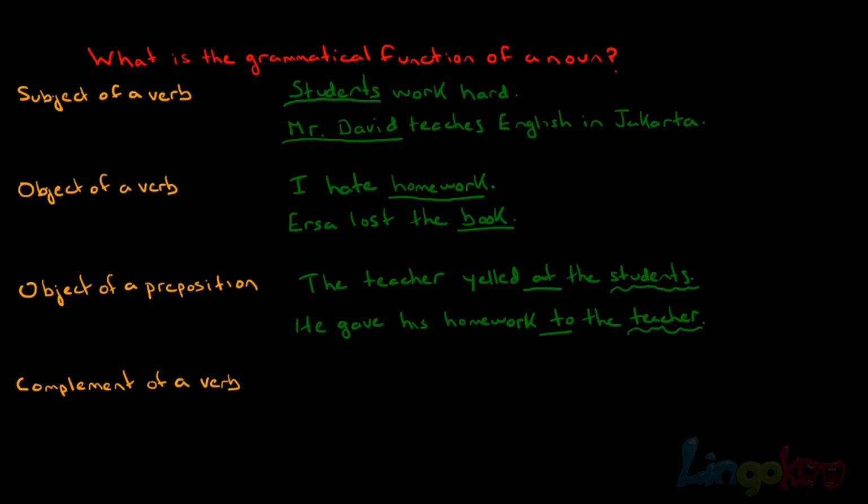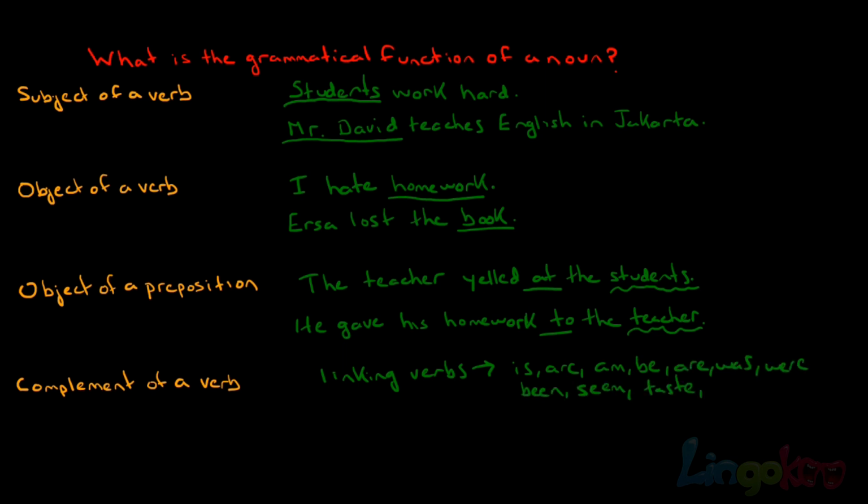It could also be a complement of a verb. So here we have, for example, linking verbs such as is, are, am, be, was, were, been, seen, taste, feel, appear. I could write, I was an English teacher while living in Jakarta.